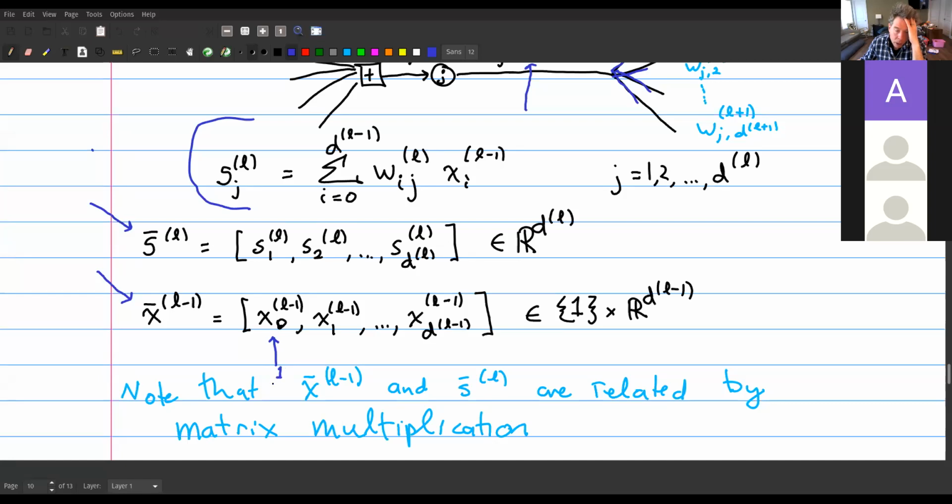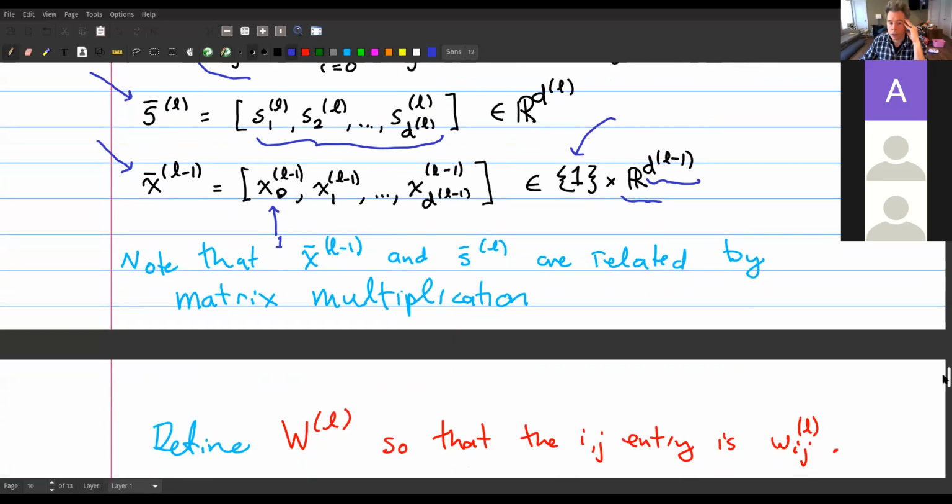The output of the bias node is always 1, and so you also have this extra dimension. d_(l-1) is the number of non-bias nodes in layer l-1, and then there's an extra dimension for the bias. But for the inputs, the bias node doesn't have an input, and so this is just the same as the number of non-bias nodes in layer l.